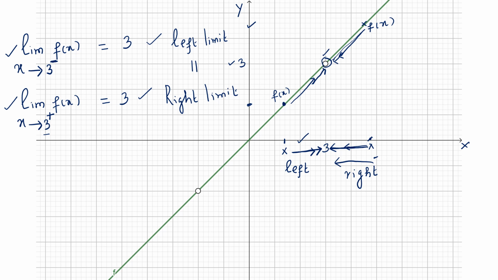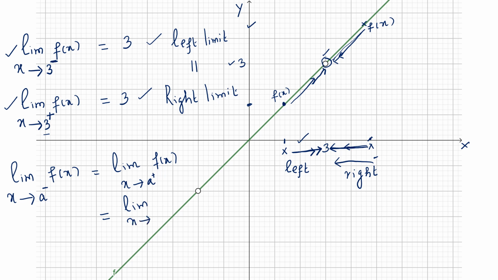So for the left limit, I'm writing like this: limit x tends to a particular point. In place of 3, I'm taking a in general. So if the left limit, limit x tends to a minus f of x, is equal to limit x tends to a plus f of x, if these two are equal, then that is equal to the limit of f of x as x tends to a.